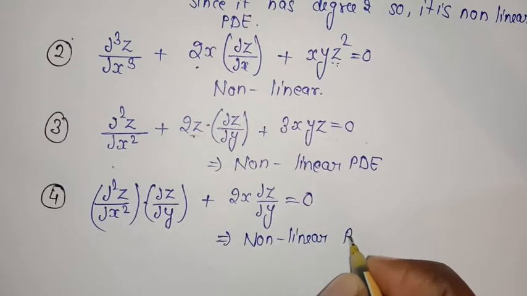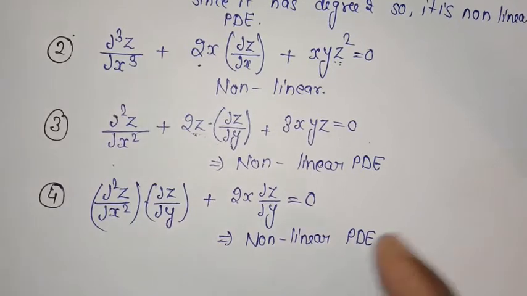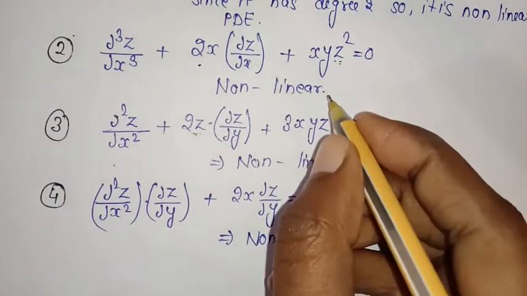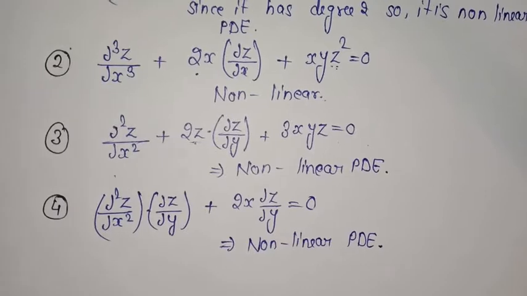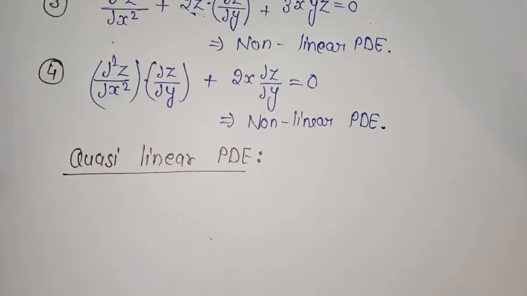So I hope your concept becomes more clear about linear and non-linear PDE. And now I will discuss a different type of partial differential equation that is known as quasi-linear PDE. So what is a quasi-linear PDE?